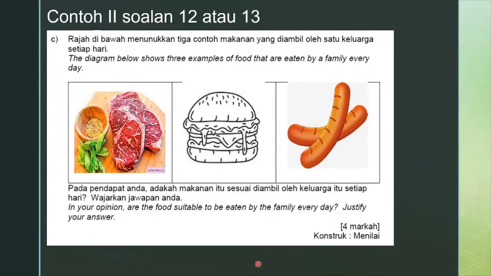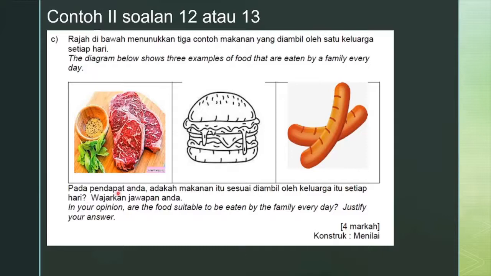Untuk soalan yang ketiga, rajah di bawah menunjukkan 3 contoh makanan yang diambil oleh satu keluarga setiap hari. The diagram below shows 3 examples of food that are eaten by the family every day. So, as we can see here, we have 3 diagrams. Kita ada gambar daging, ada burger, ada sausage.